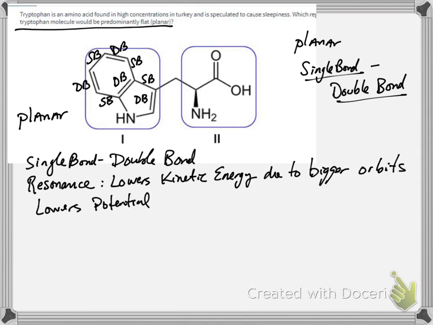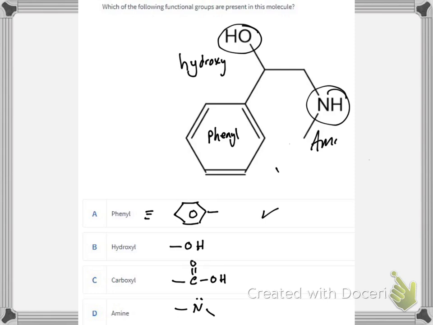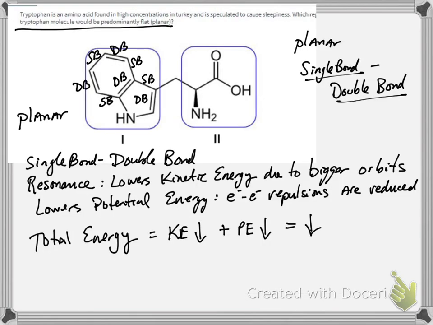These bigger orbitals now lead the remaining electrons to be farther away, so there's less electron-electron repulsion at each atom, and because of that, potential energy goes down. And the total energy goes down because both kinetic and potential have decreased.